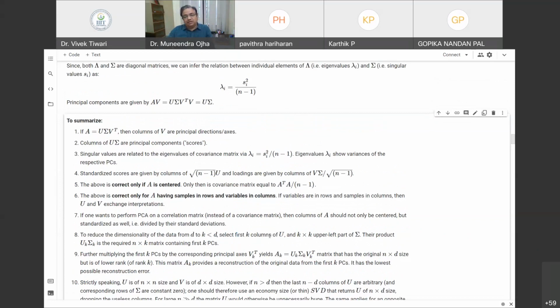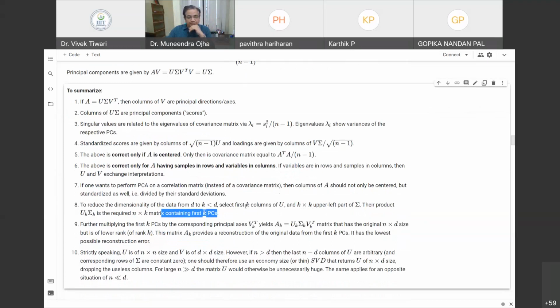You can select the first K columns of U or the first K columns of V, and the K by K upper left part of sigma. If you are using U, then you have to multiply it with sigma. Their product U_K sigma_K is the required n by K matrix containing the first K principal components.